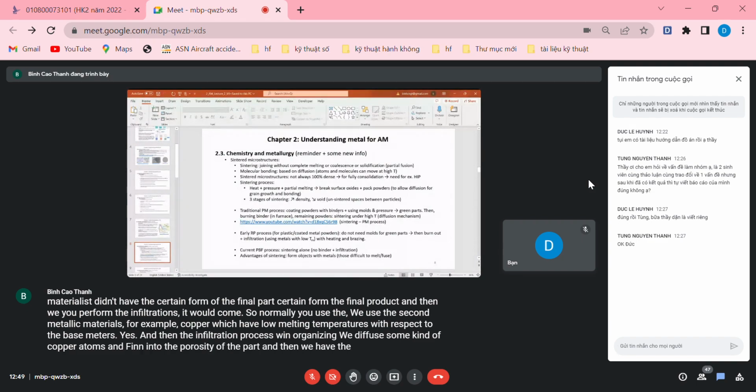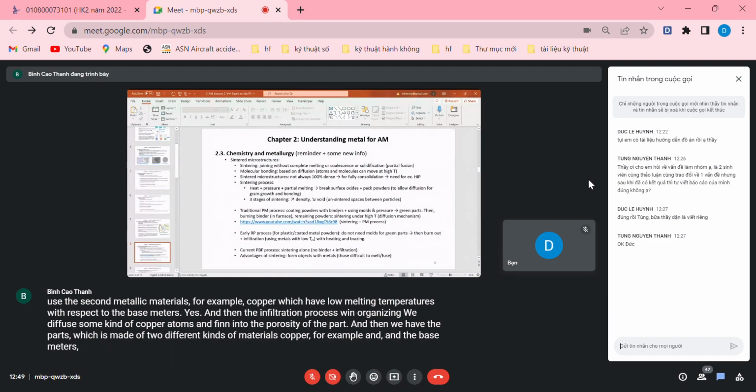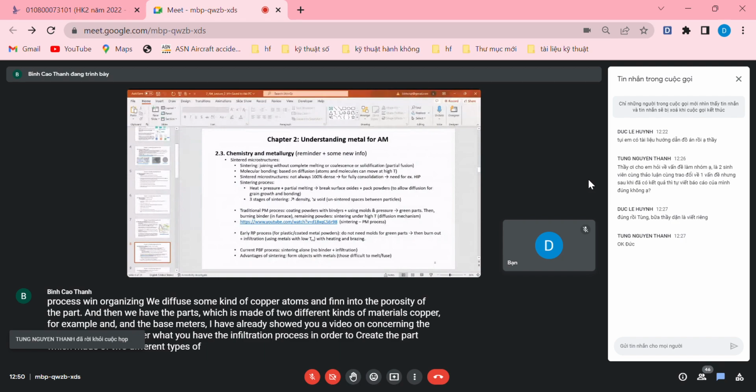Then we have a part made of two different kinds of materials, copper, for example, and the base metals. I have already shown you a video concerning binder jetting, and afterward you have the infiltration process in order to create the part made of two different types of materials.